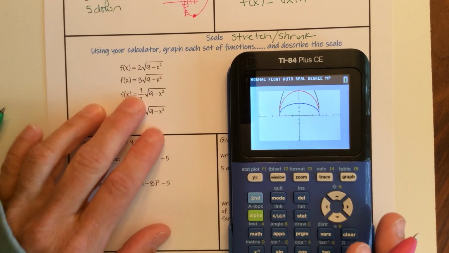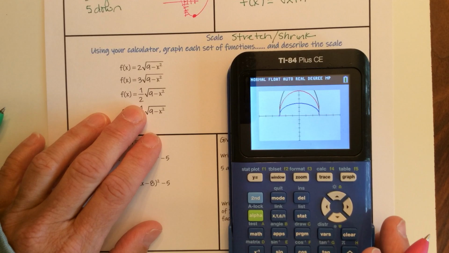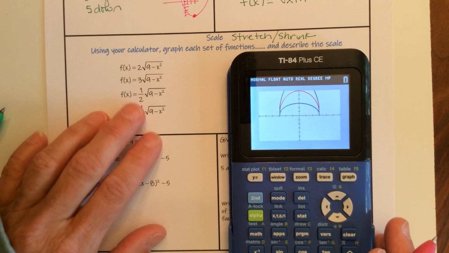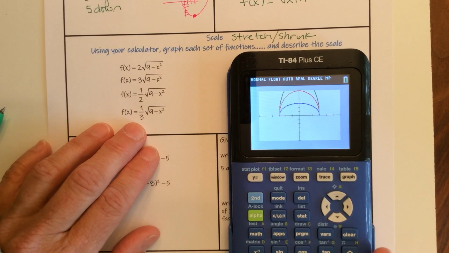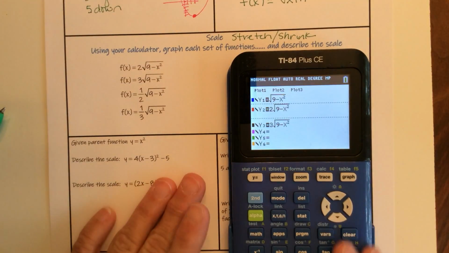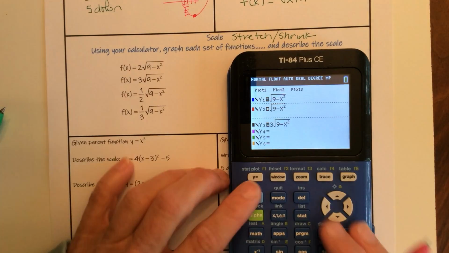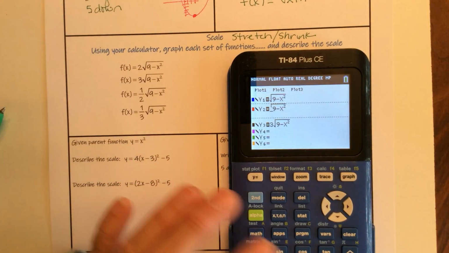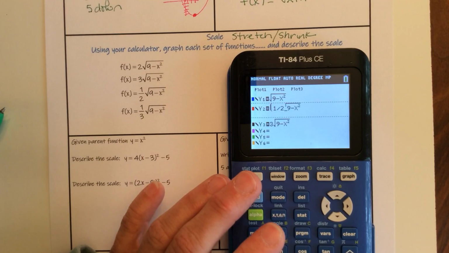So, what do you suppose a factor of 1/2 and a factor of 1/3 will do? Let's just go in and see. I'm going to delete that, but I'm going to insert parentheses 1 divided by 2.